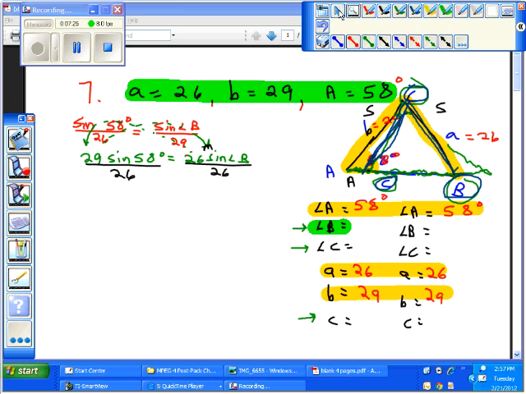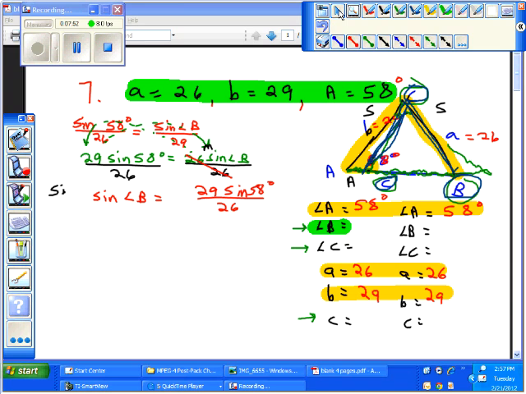And what that would do is cancel my 26. And so then I would have sine angle B is equal to 29 sine 58 divided by 26. I'm going to go ahead and rewrite that just so we don't get confused. Sine angle B is equal to 29 sine 58 degrees over 26.